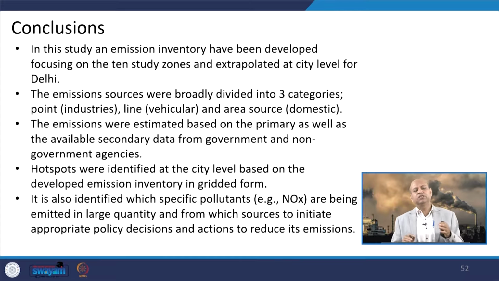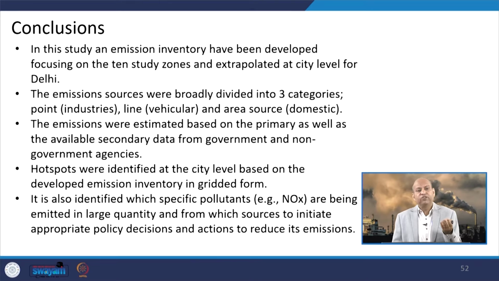So, this is basically a case study of how emission inventories are developed and how they are used for inferring insights, as we have seen: which pollutants are more, and how to focus policy decisions or technological interventions on them. Otherwise, they will create other problems, whether health related or ecological. In this study, the emission inventory was developed focused on certain zones, extrapolation was done for the city level, and hot spots were identified.